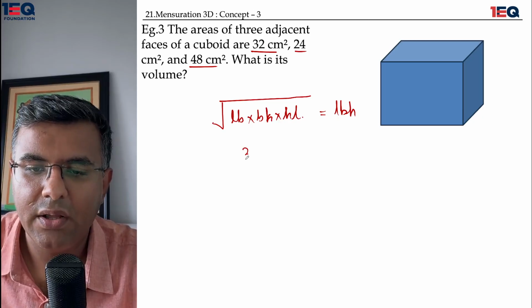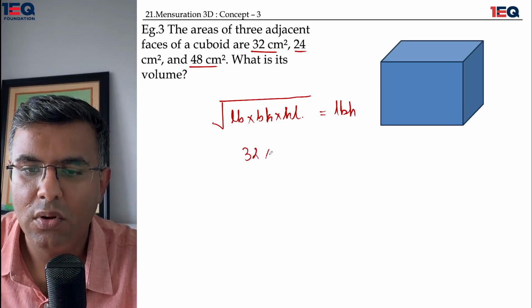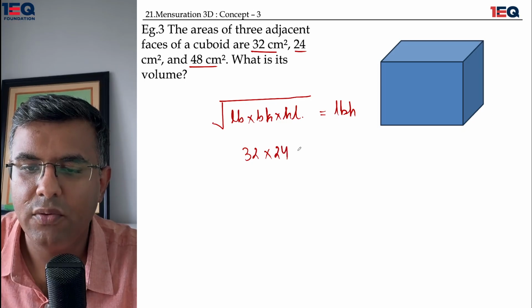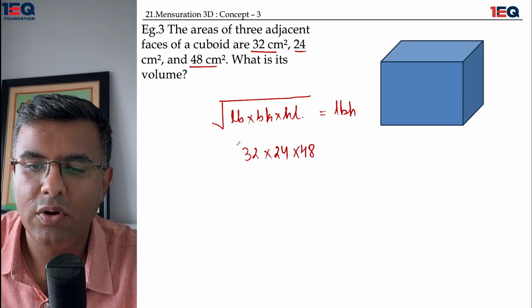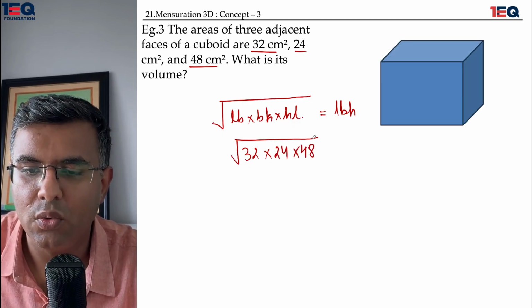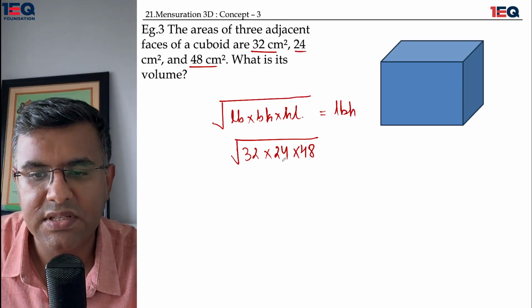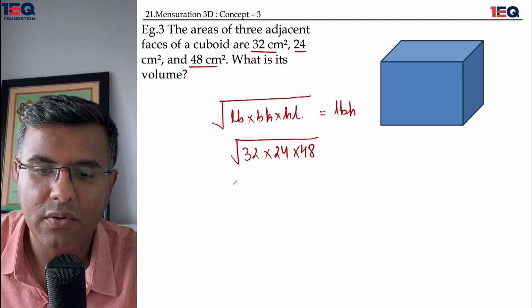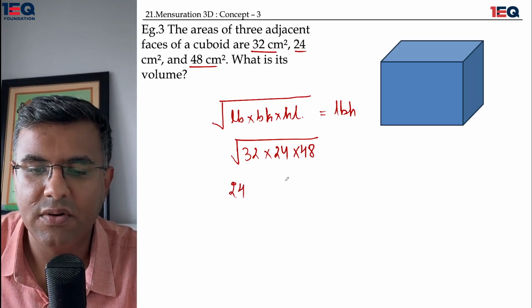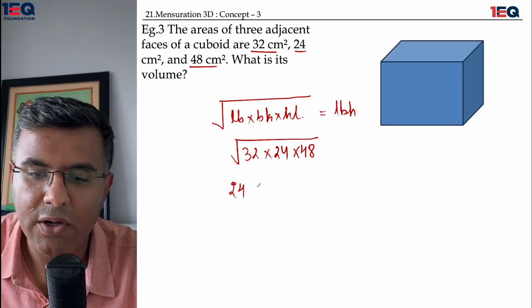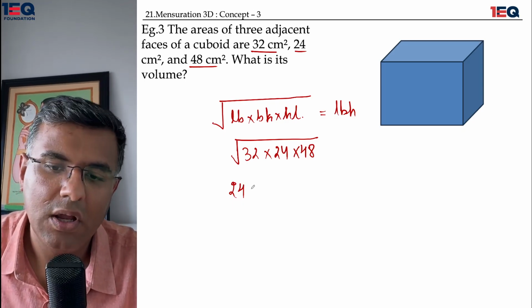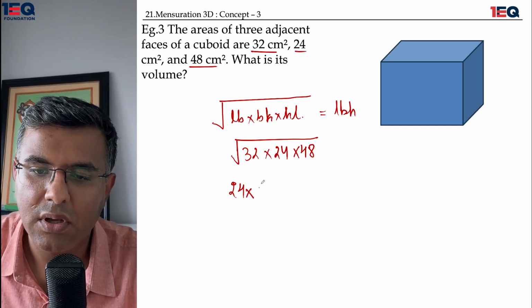Now I'll multiply 32 with 24 with 48 and put all of them in a root. Let me take out things which seem to be common. 24 would definitely come out as common because 24 into 2 is 48. That 2 will get multiplied with 32 and would give me a 64, and root of 64 is 8.